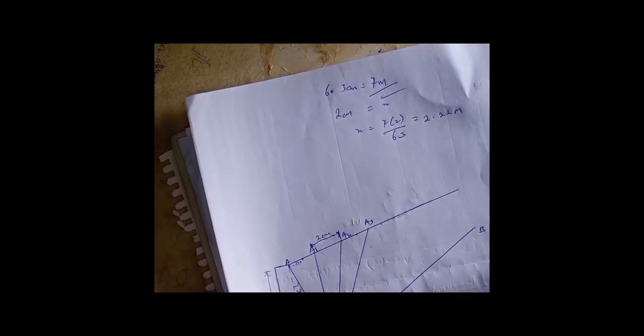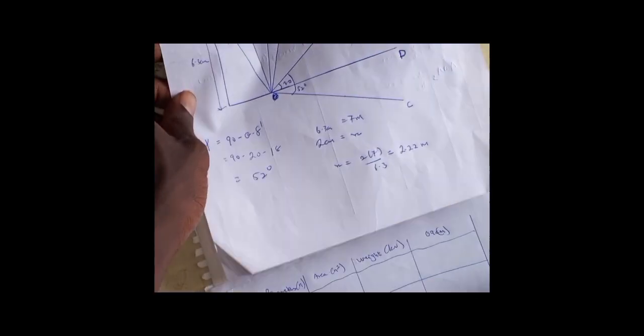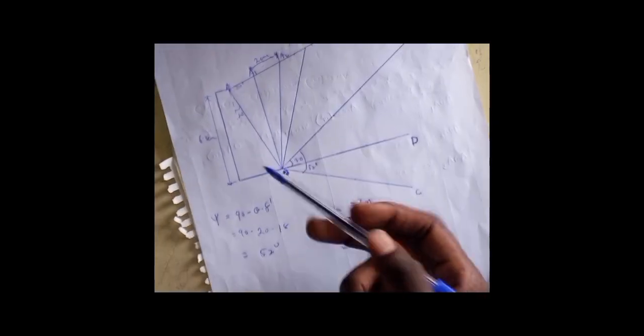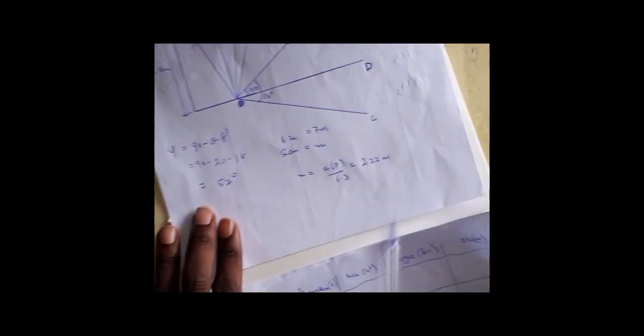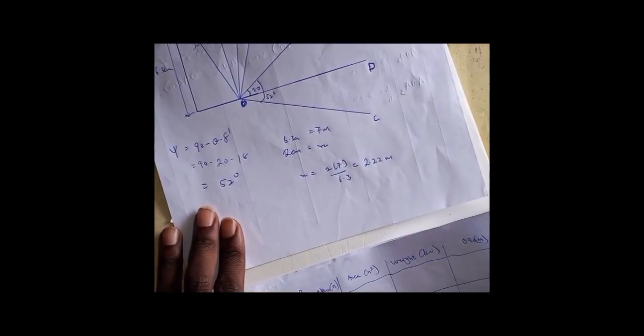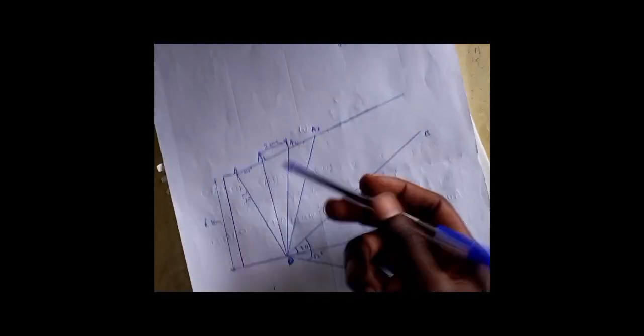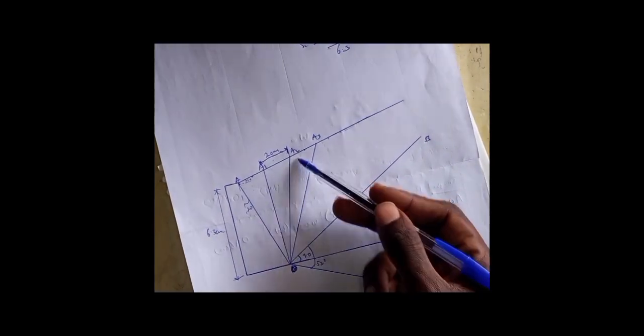So now when I take the first triangle, which is AOA1, my breadth from here to here is 2 centimeters. So my breadth is simply 2.22 meters. Can you see that? The next triangle is AOA2.